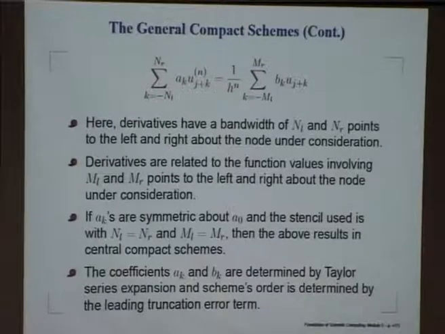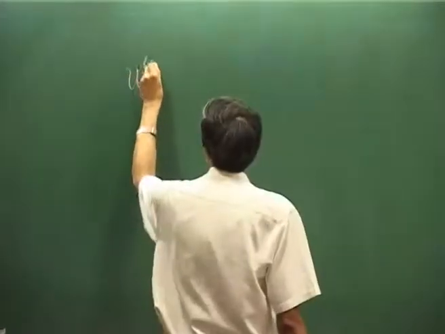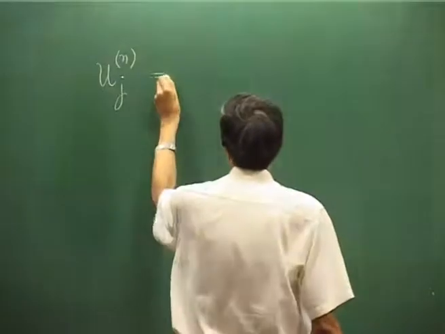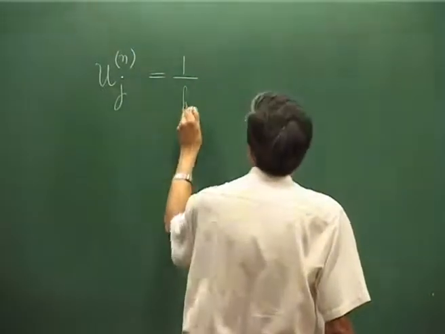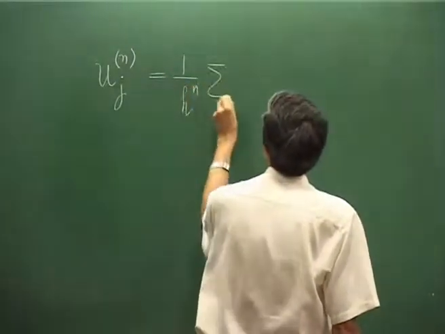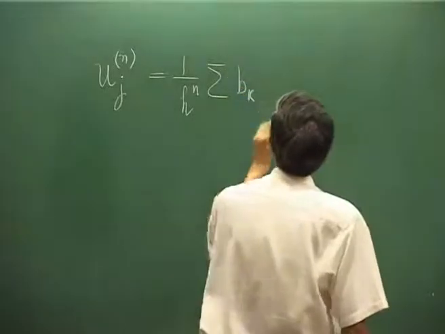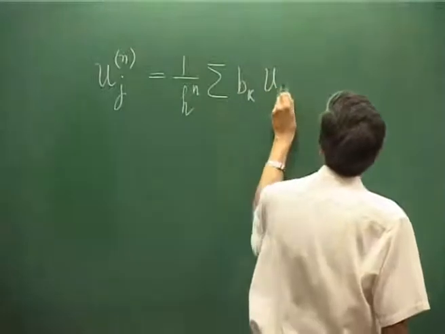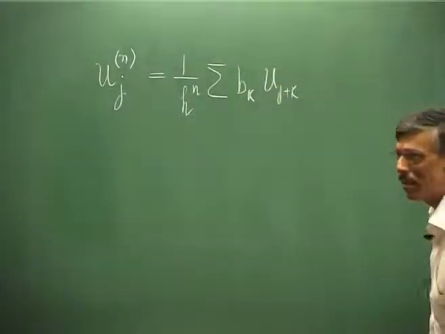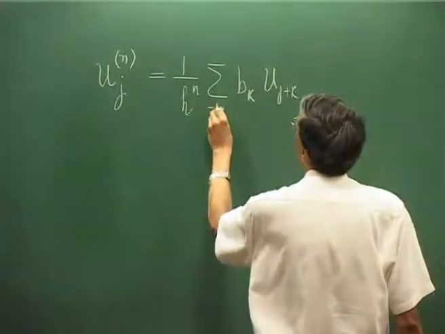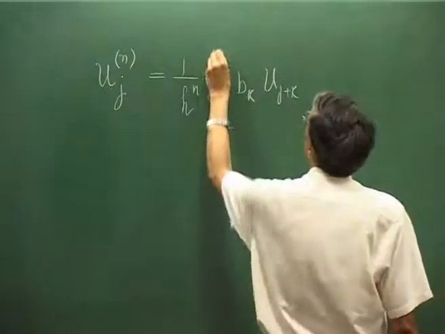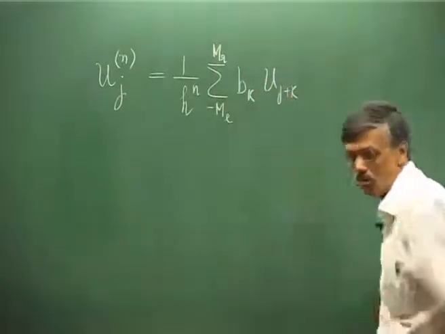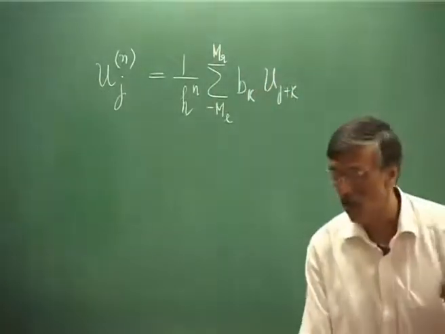I am looking at the jth node, I am trying to evaluate the nth derivative. I would have probably simply written a corresponding equation like this, right? We have written there, right? And the bandwidth defines how far we will have to go.